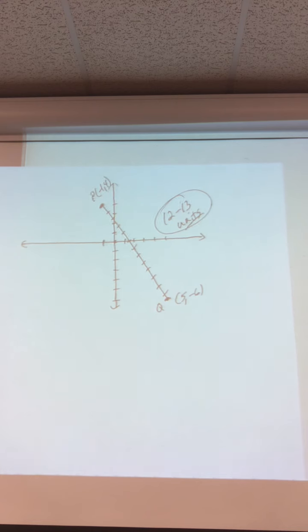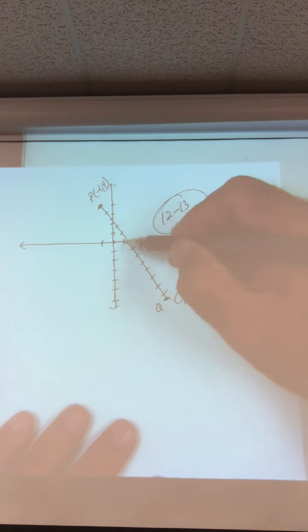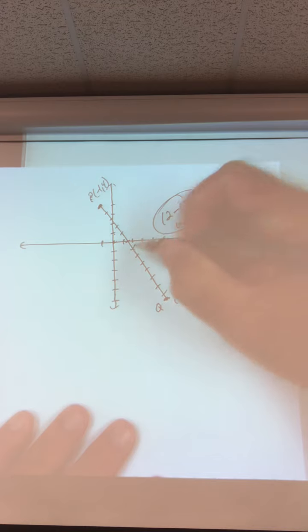Let me go back to the graph. Remember, 2 comma negative 1. Here was the graph. Now, and again, remember, I may be off a little bit because I'm freehanding this. So 2 comma negative 1 is to the right 2 and down 1.